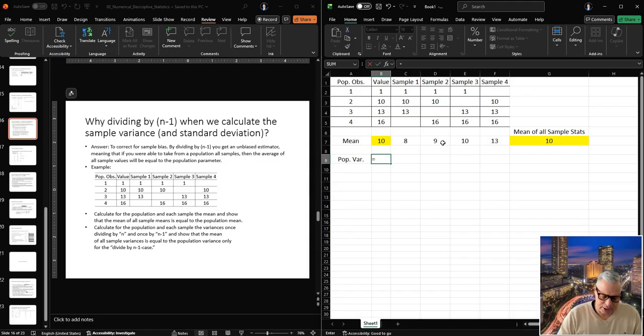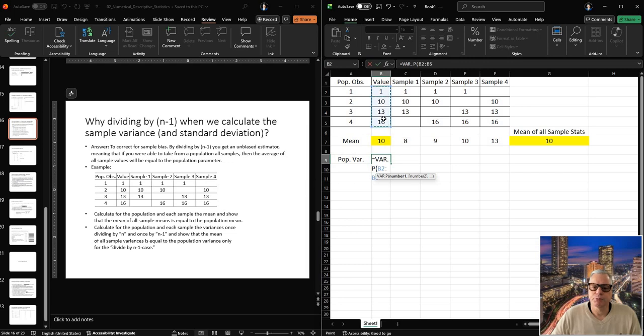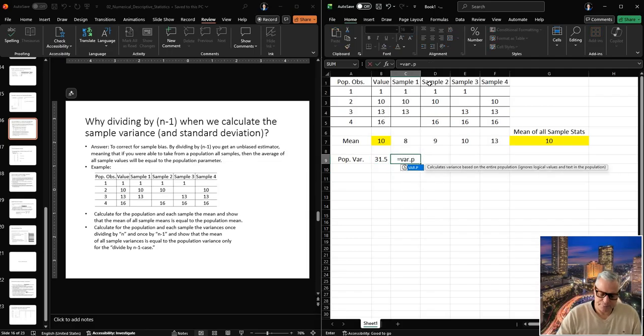In Excel the formula is VAR.P. The P stands for population. The population variance using the formula divide by n is 31.5. Now for sample 1, we get 26.